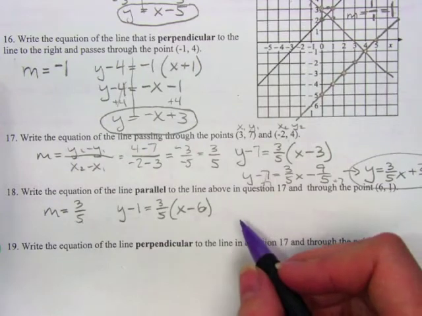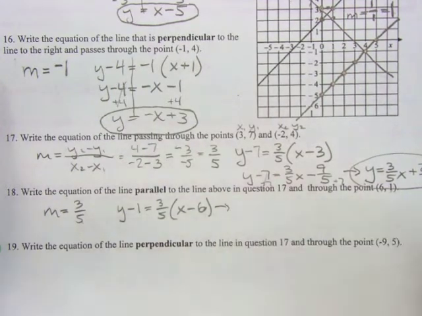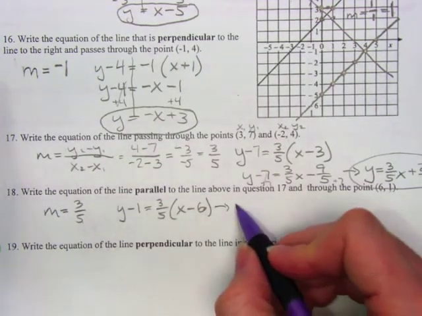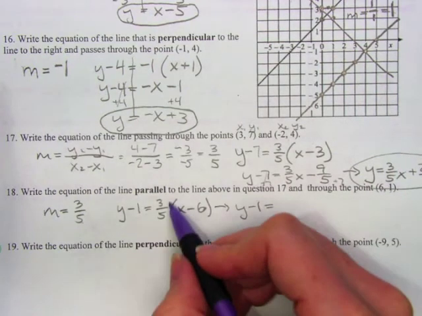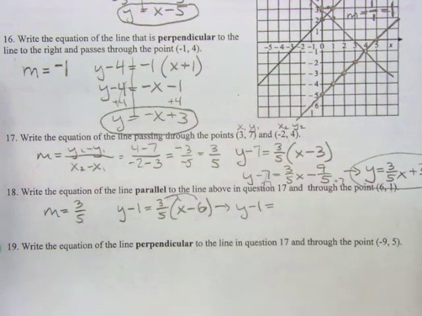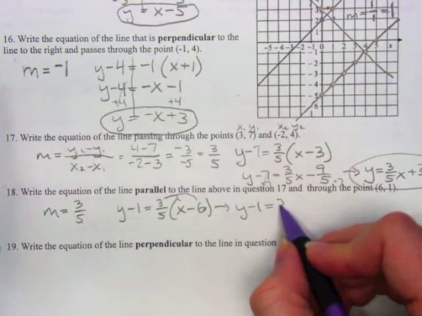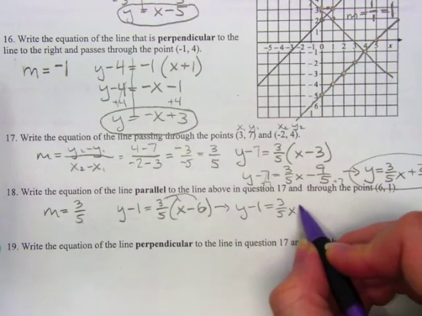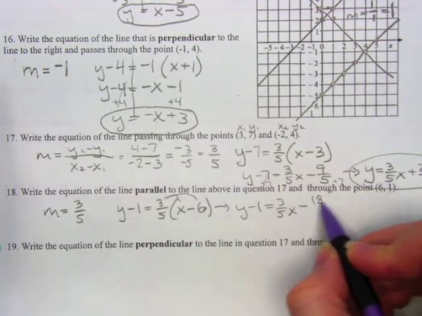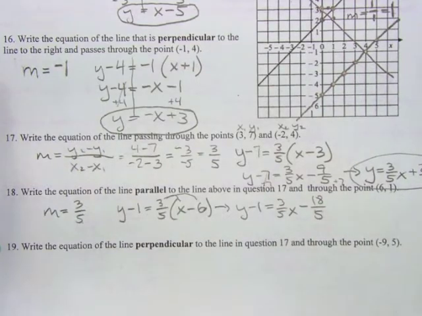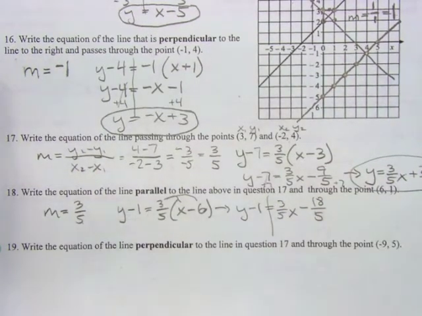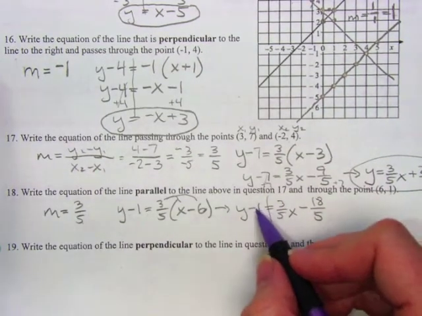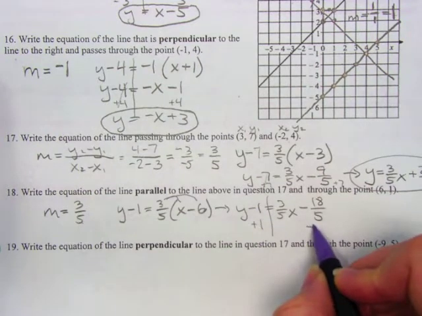All right, now we've got to distribute. I'm just going to go across. Left side doesn't change. Right side, 3/5 times x, 3/5 times minus 6. You get 3/5 x, and then minus 18/5. Almost there. Hopefully you remember. Got to get that y alone, so I'm going to add 1 to undo that minus 1.